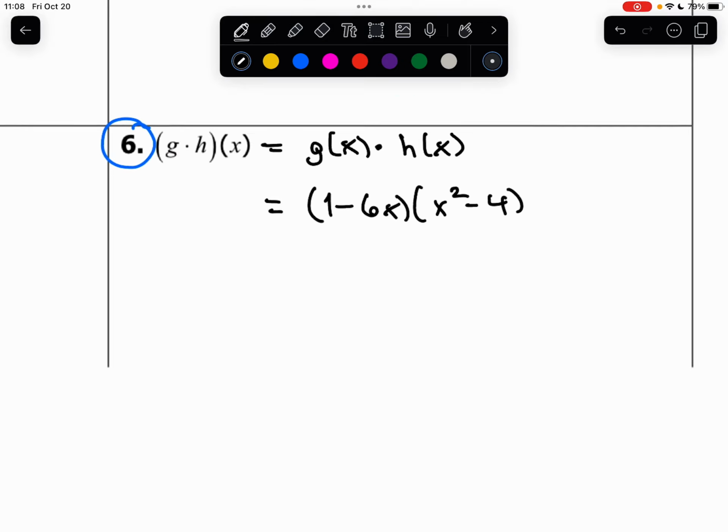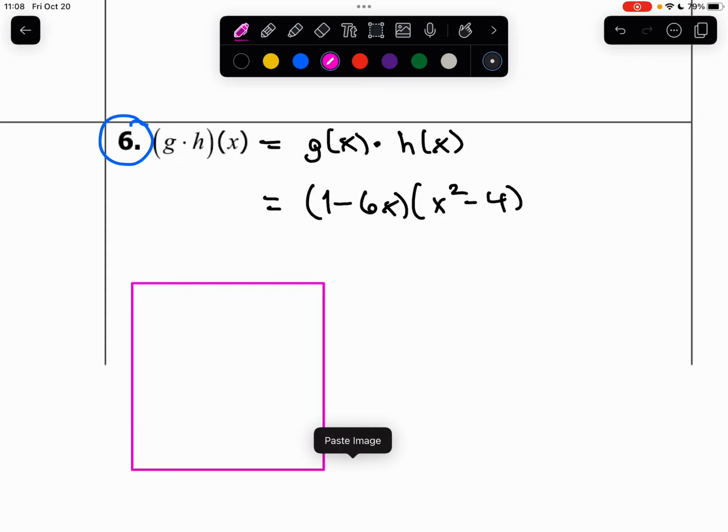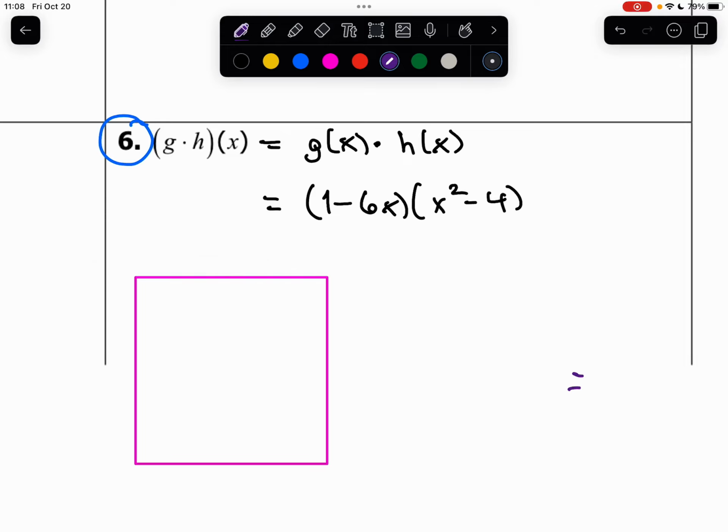Now, we have two expressions that are getting multiplied. And whenever you have two expressions that are multiplied, that means you're going to get ready to do the box method. So I'm going to draw my box, and I'm going to put in 4 windows, because it's 2 terms by 2 terms.